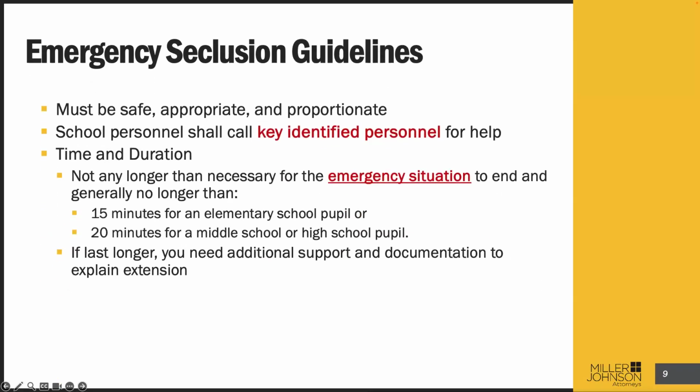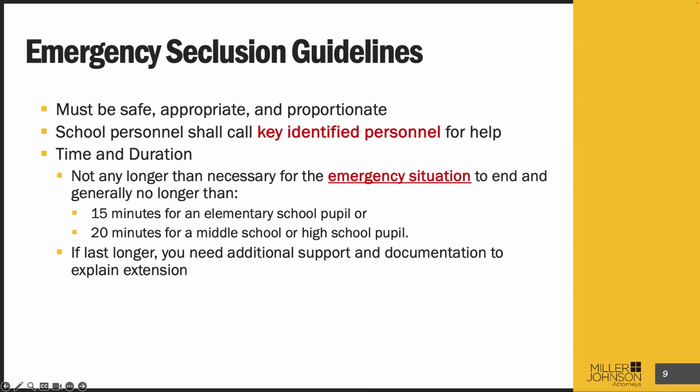If a situation, again, that you believe rises to a level of emergency seclusion arises, we have to be safe, appropriate, and proportionate in how we handle the situation. Probably the number one thing to remember is that if we have a situation that you believe rises to an emergency level, we're going to have to contact key identified personnel. And that is a term of art. That is not just three words linked together.